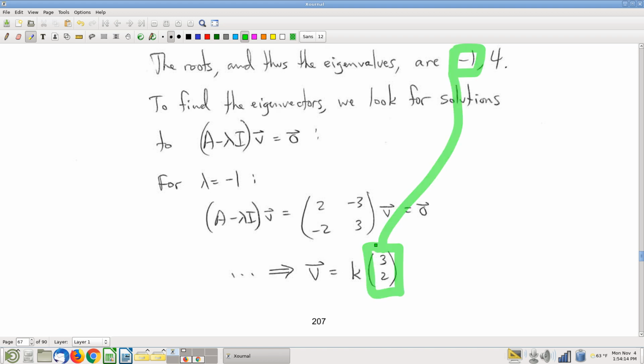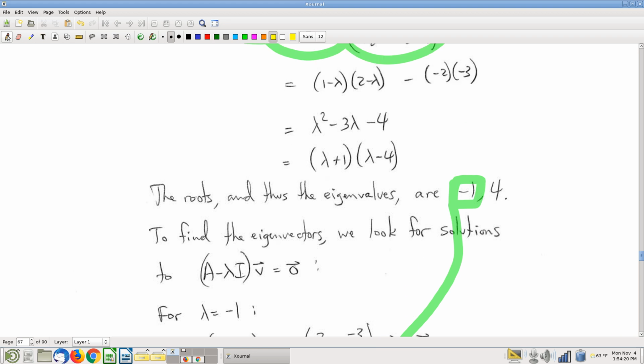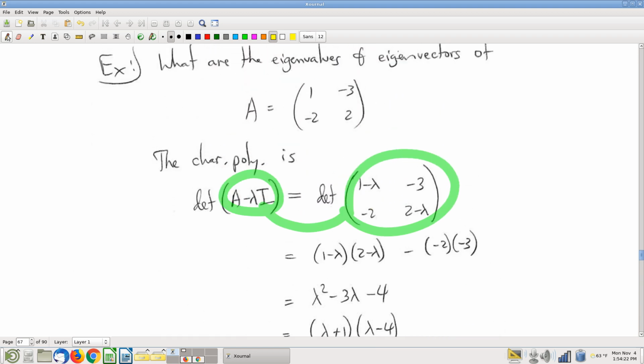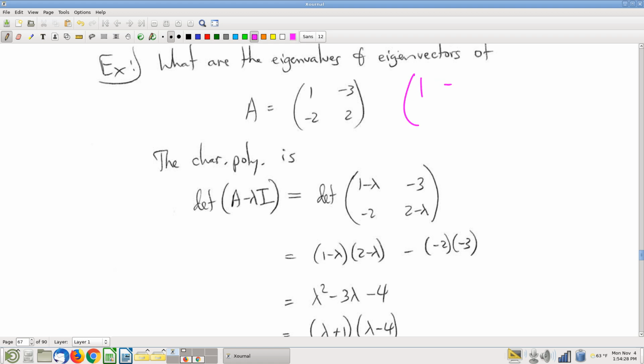You can take this and plug it back into the original equation. Let's go ahead and do that just for convenience. Let's see. So -1 and 3, 2. Okay, so up here, let's take a better color. Three, 2, right? Let's ask the question, do we get here, as argued, eigenvalue -1 times 3, 2?